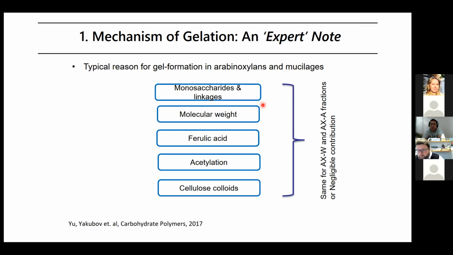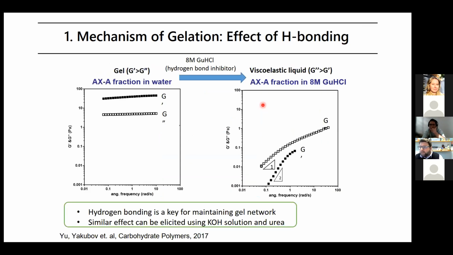We've characterized that, and it's also the same for both fractions. People were suggesting it could be cellulose colloids, but that's been taken care of and proven not to be a factor. We basically don't have much cellulose colloid or cellulose nanofibrils retained in any of these gels.